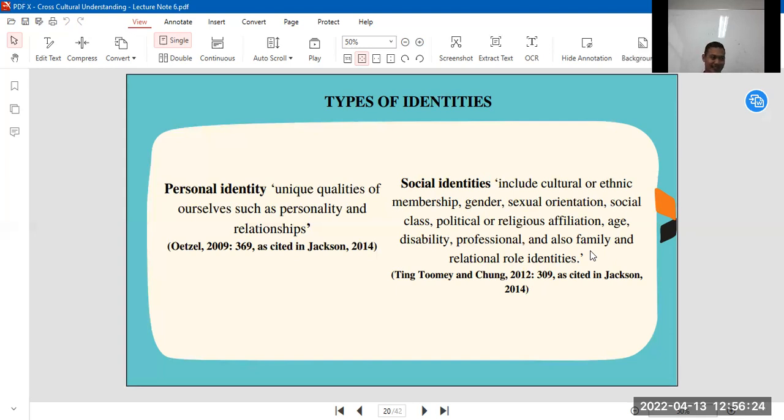I like football. This is my personal identity. I like music. This is also my personal identity. I am 12 years old. I am male. I am Indonesian. And so on. That is the personal identity. The other thing is social identities.